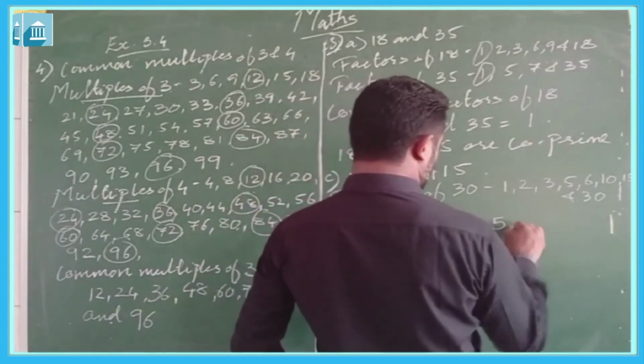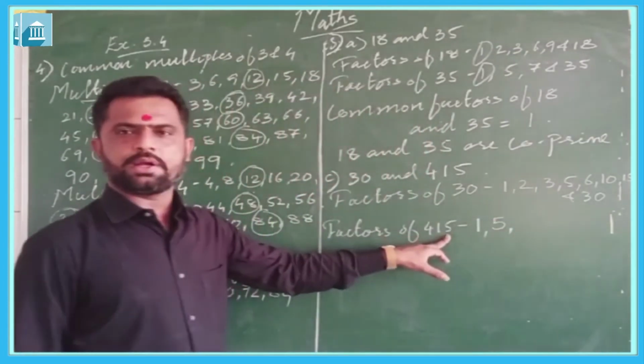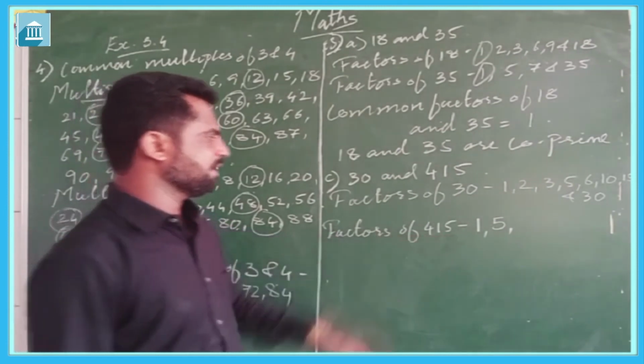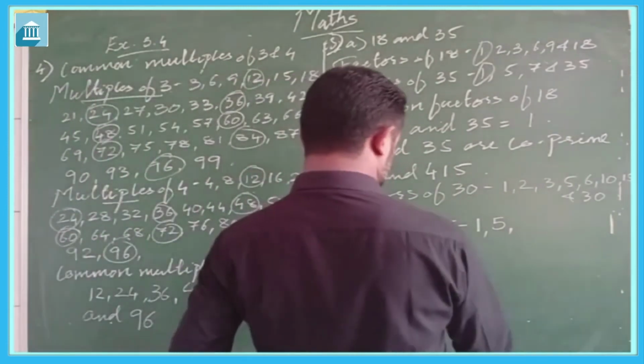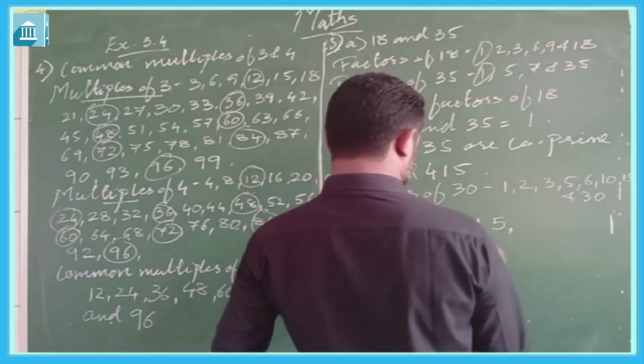It will be divisible by 5, as the unit digit is 5.